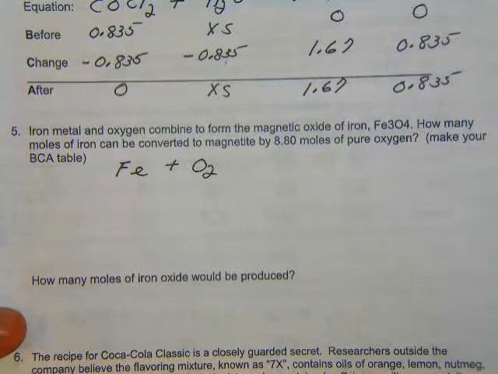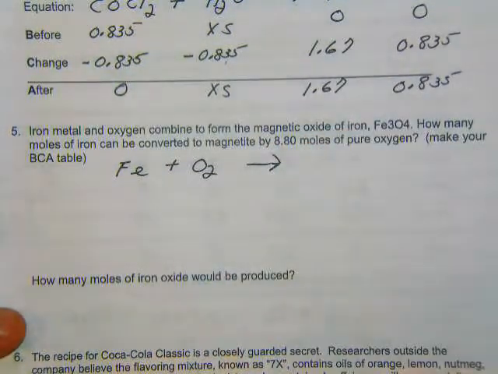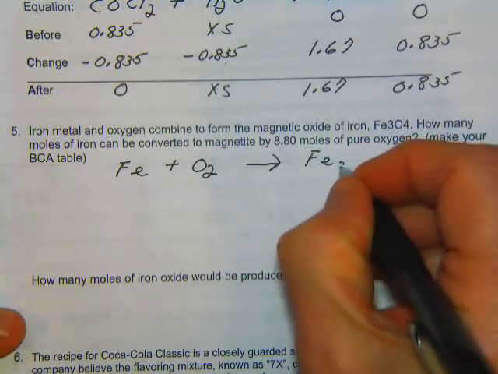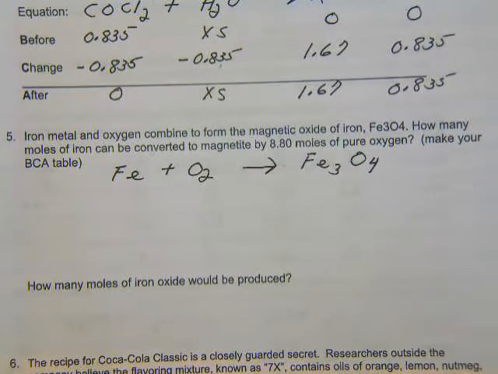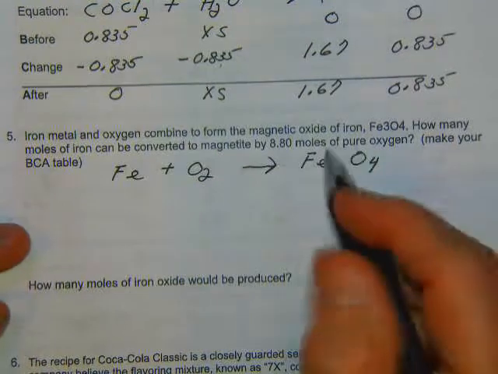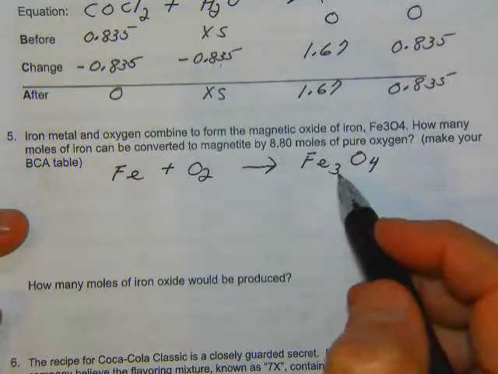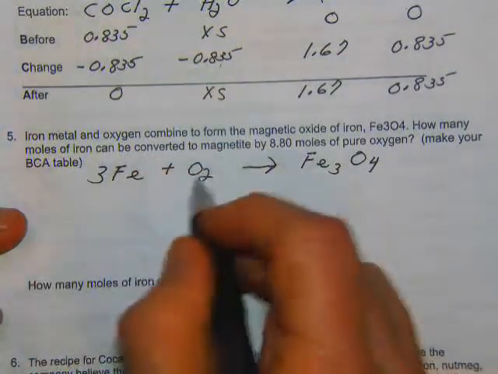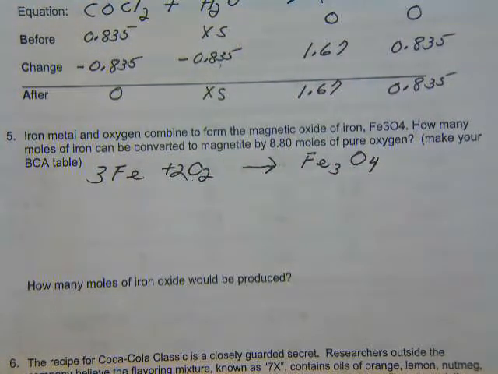So I'm going to assume here we've probably got the iron in excess, and it's going to form magnetic oxide, Fe3O4. And that's balanced for charges, but now we need to balance the coefficients, the number of atoms on each side. Well, 1 iron, and we've got 3 here, so definitely we're going to need a 3, 2 oxygen, 4.